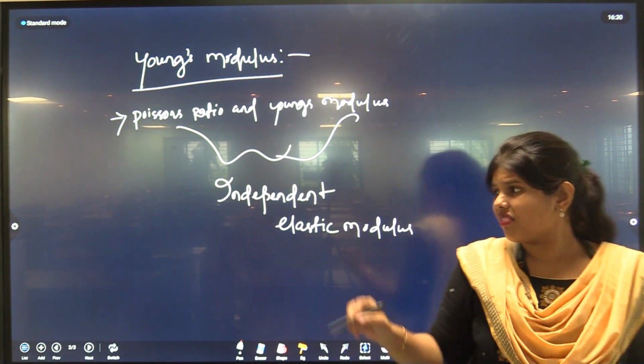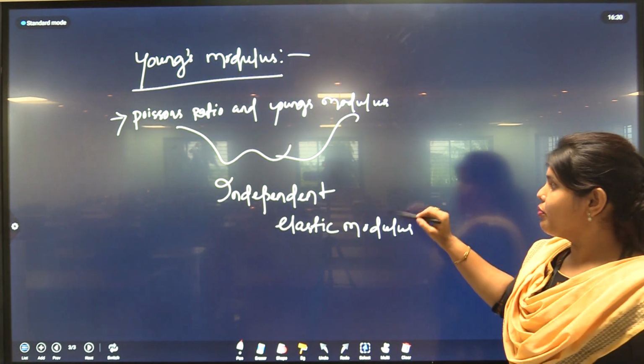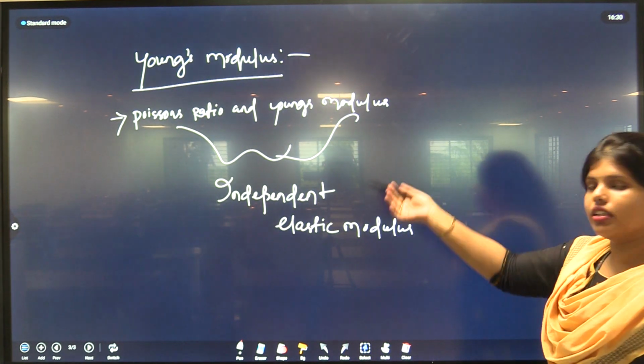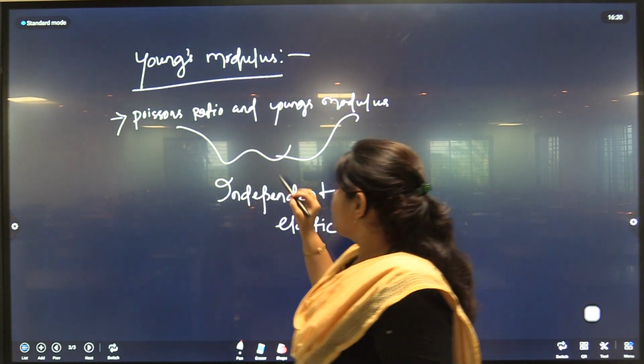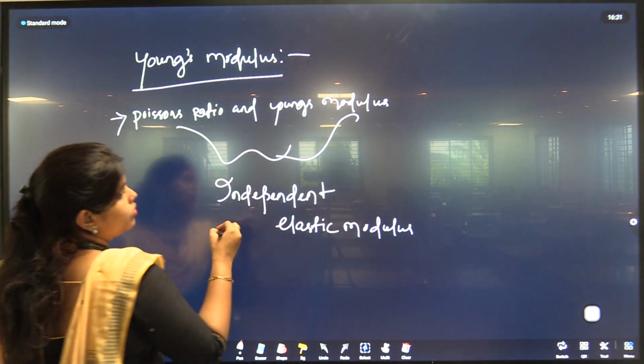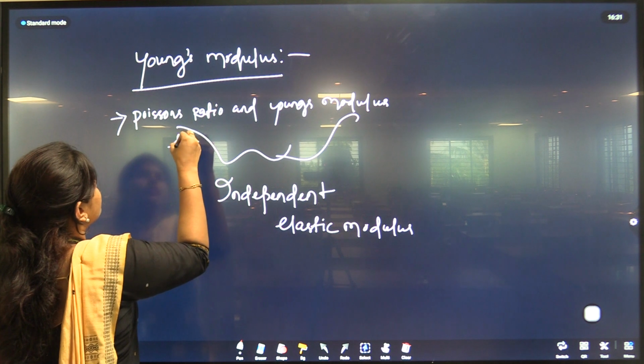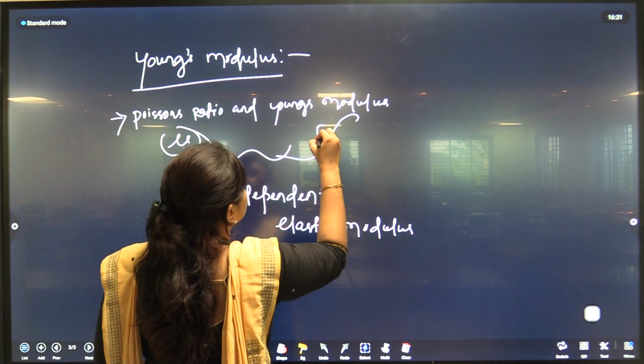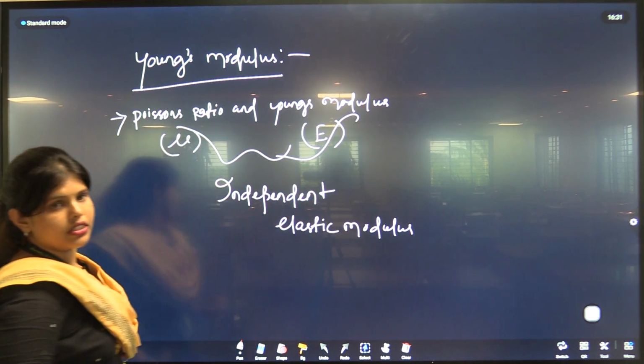Because to calculate E and mu, we do not need any other elastic constants. These two never depend on other elastic constants.